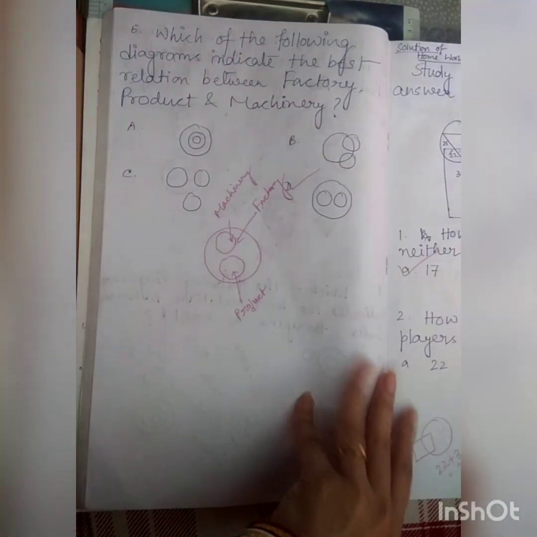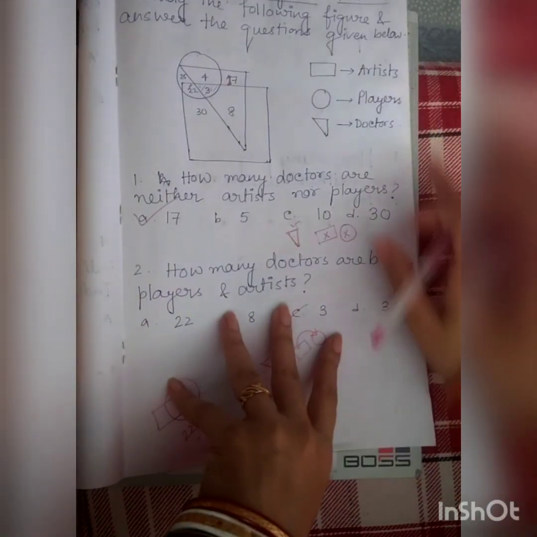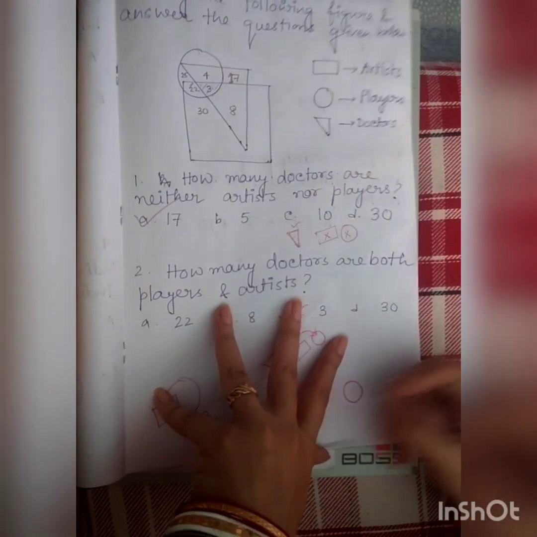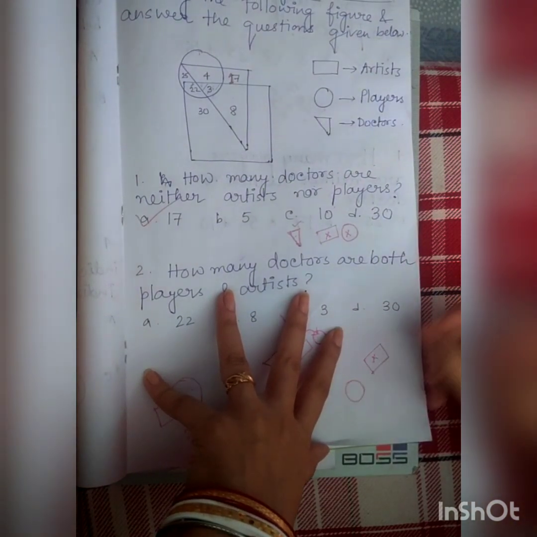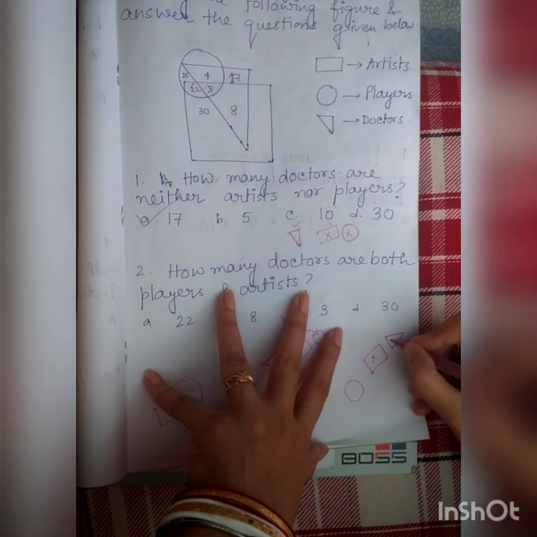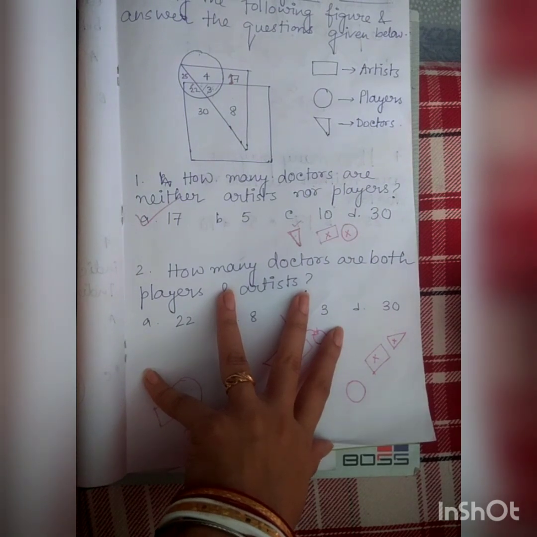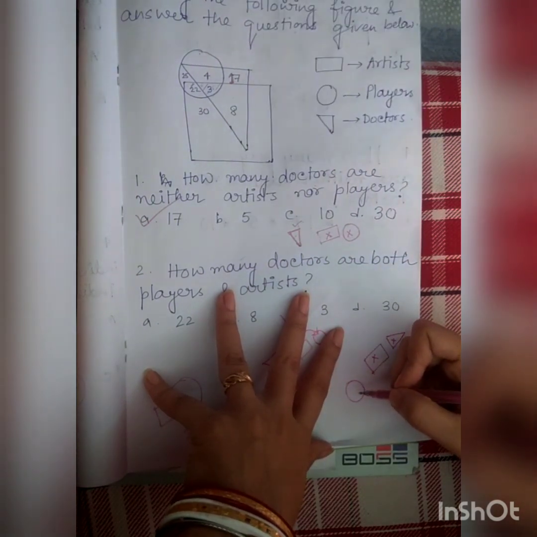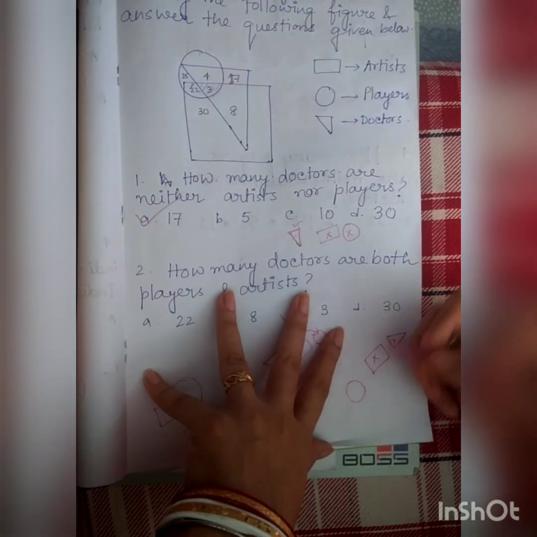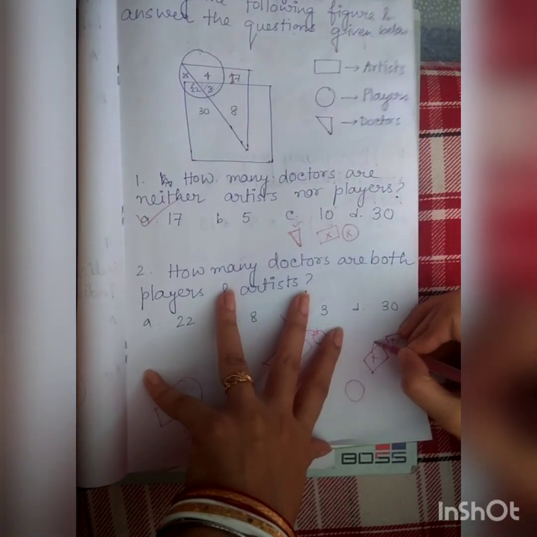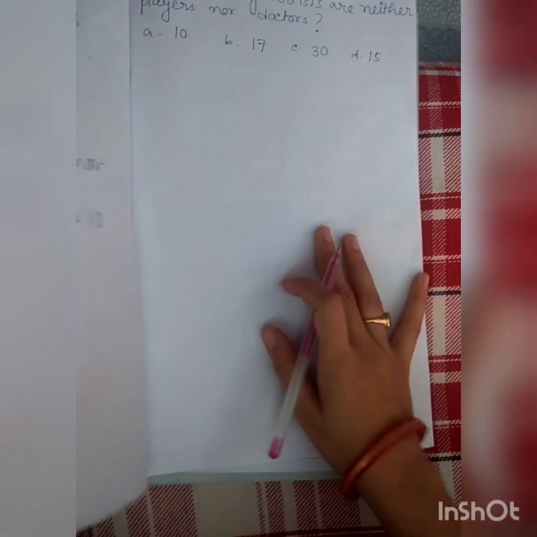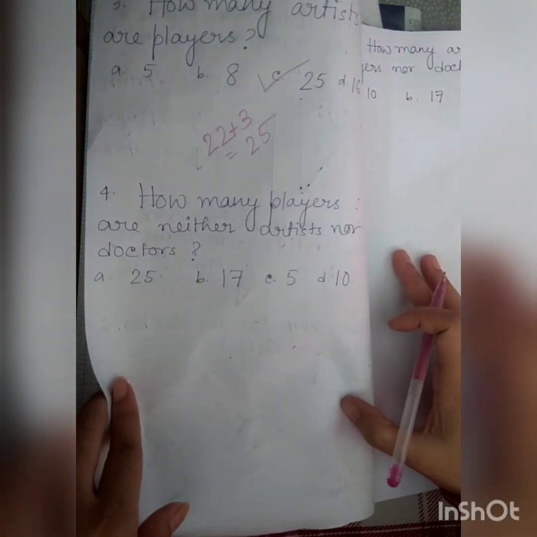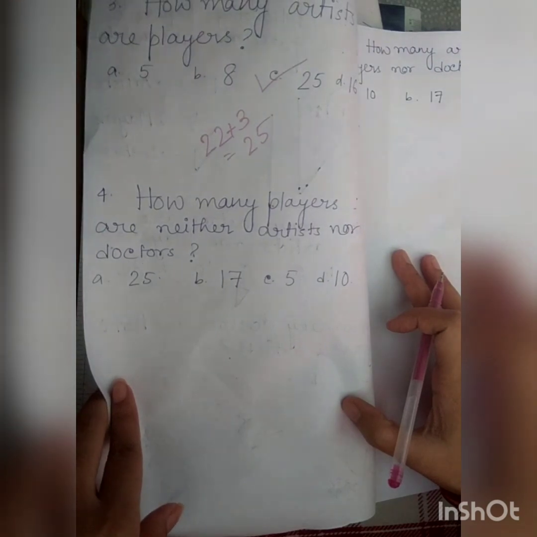Players means you can see there will be a circle. Neither artist means no square will be there, nor doctor means no triangle will be there. So only the circular region will be found, and no intersecting part of square and triangle will be found, because in the question it is written, how many players are neither artist nor doctor?